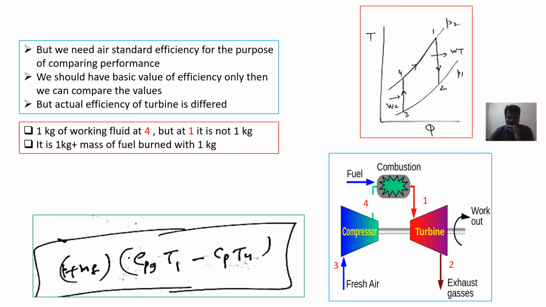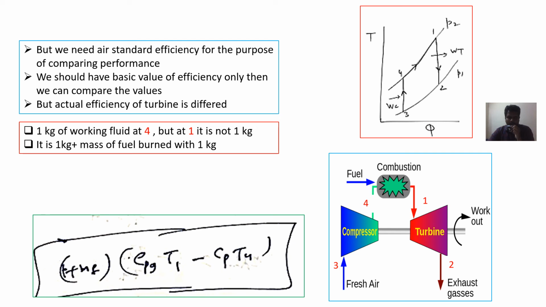So we need a standard efficiency for comparison purpose, but generally we should have a basic value of efficiency, then only we can compare the other values. So a standard efficiency is for comparison purpose. Actually the efficiency of the turbine is different.